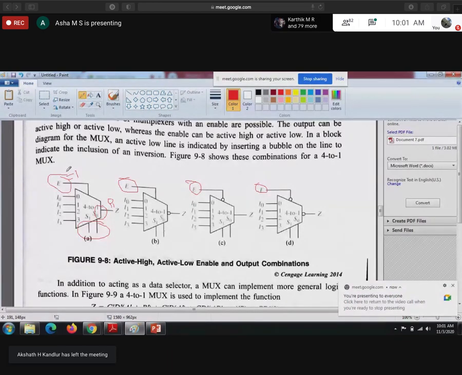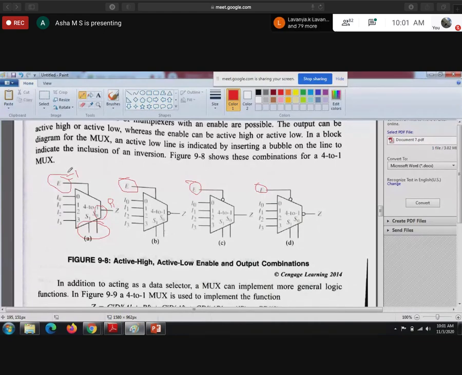Make a note, when enable equal to 0, we will say the multiplexer is active low enable. When e equal to 0, the z will be 0 independent of the selection lines and depending on the I. When e equal to 1, we will say it is an active I enable.